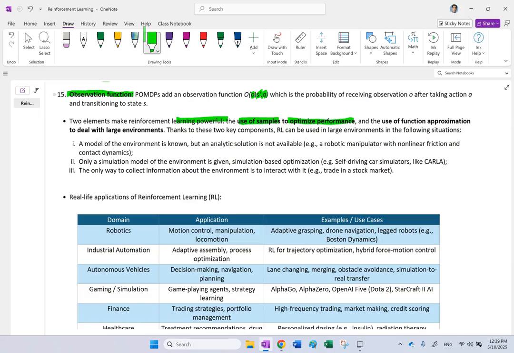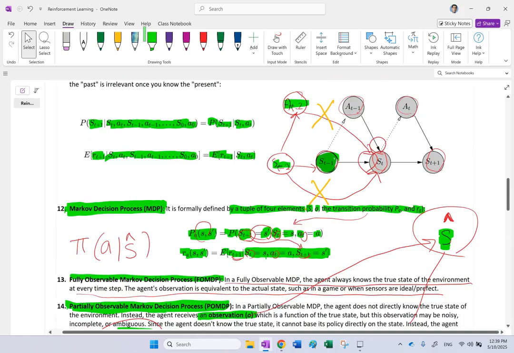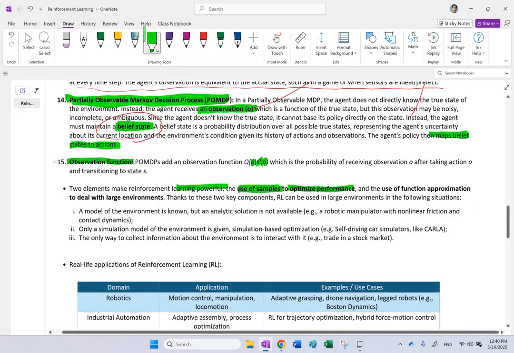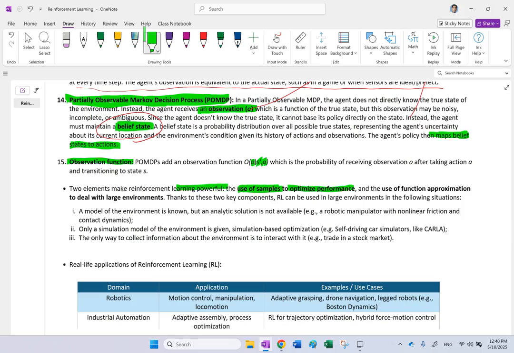So you can only approximate these transition functions, the reward functions, or anything like that by just samples. That's where you use, for instance, Monte Carlo simulations to approximate these functions. And the second thing is they use function approximation to deal with large environments. So they use samples because many times you don't have an analytic function, and they try to approximate.